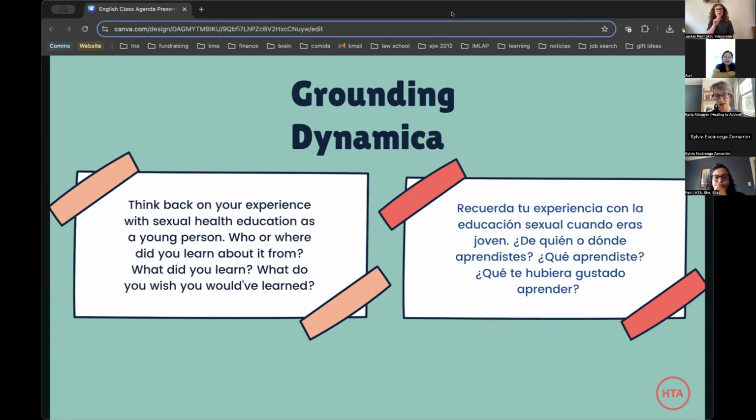But there was never a discussion about what consent means, or what healthy relationships mean. I realized after I had children, when I was pregnant, that I had no understanding of my own body at all, and how disconnecting that experience has been. So, that's my experience of sexual health.